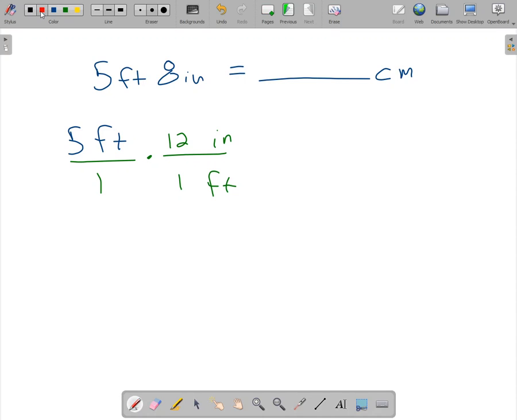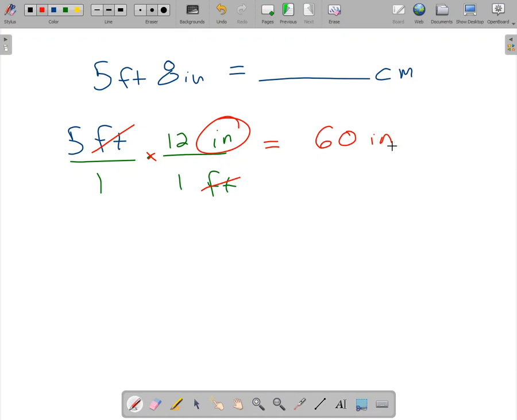What this tells me is if I want feet to go away and I want the answer in inches, then I better multiply by 12. If the number ended up in the bottom, guess what I would do instead of multiply? Divide. Okay, you guys are so shy today. Come on, play along. So 5 times 12 gives me 60 inches.